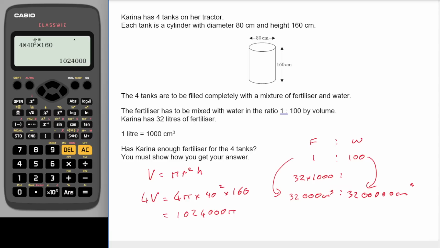So she has got enough for 32,300. Let me write the number and then try and pronounce it. So she's got 3 million. She's got enough fertilizer to make 3,232,000 centimeters cubed.